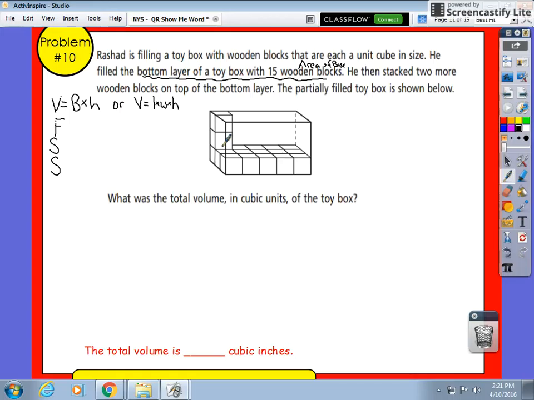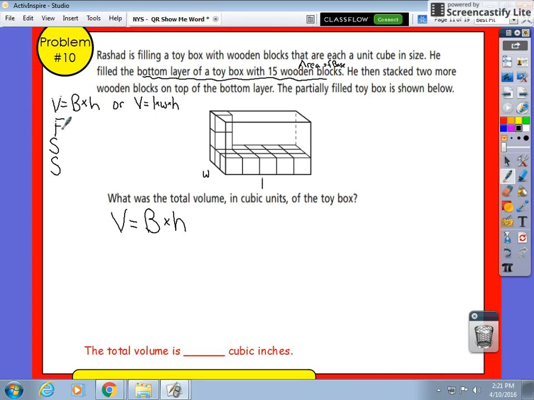So they are giving us the area of the base. If we weren't sure, they also give us enough information to figure out the length and the width. But I'm going to use the volume equals area of the base times height formula, because it will save me a multiplication step, and I won't have to figure out the length and the width.